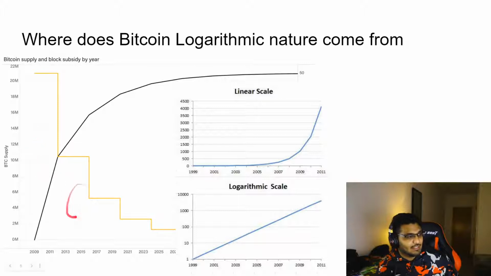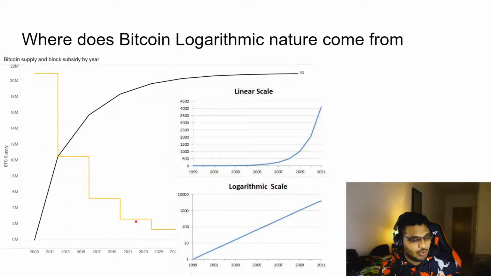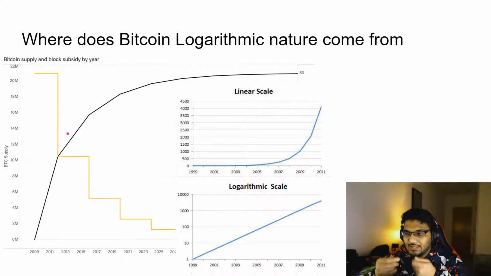Then after this, it was 25, 12.5, and we're currently at 6.25, right? And that's the supply side. So the supply is going down like this. And the subsidy, the amount being supplied or mined, is being given out at this rate. And this is the amount of coins in circulation.